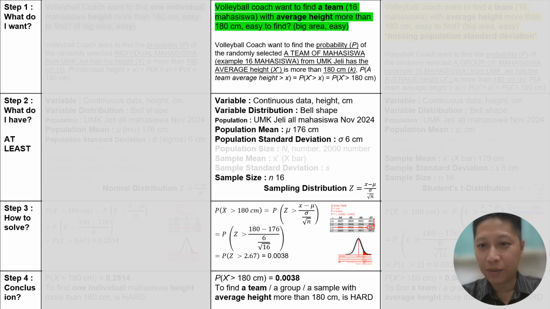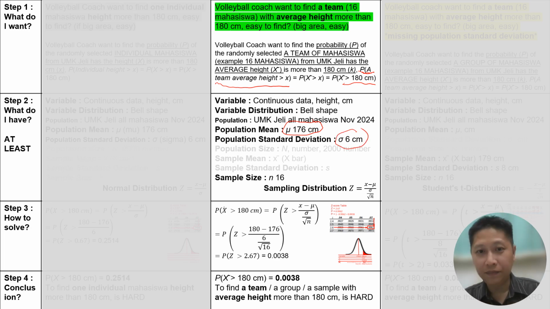We're going to write in mathematical notation. I want to find the probability of forming a team where the team average height is more than 180 cm. For this question, we have the population mean given by the administration. The administration also gives us the population standard deviation.